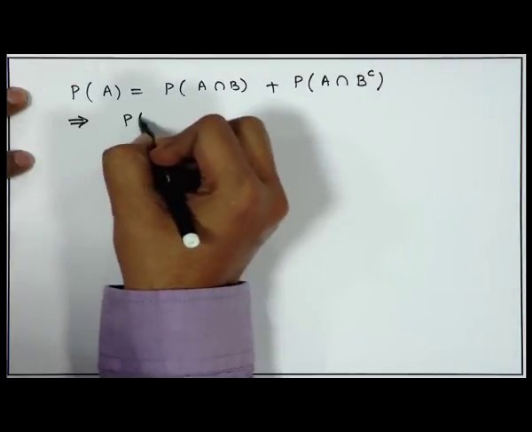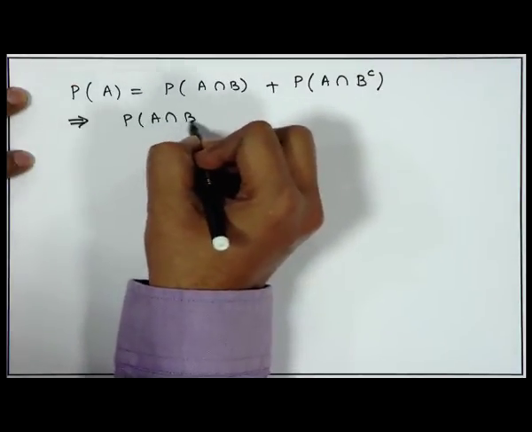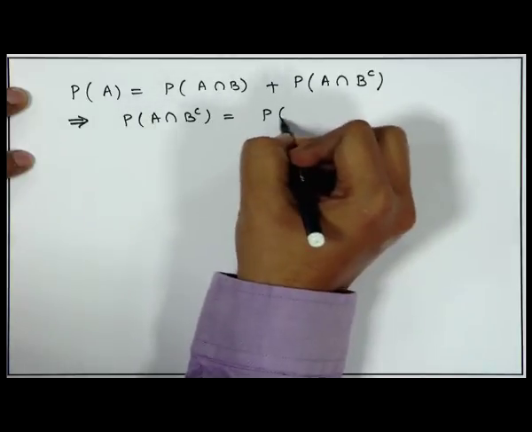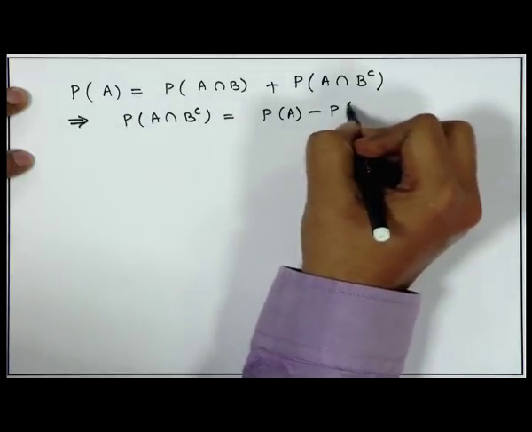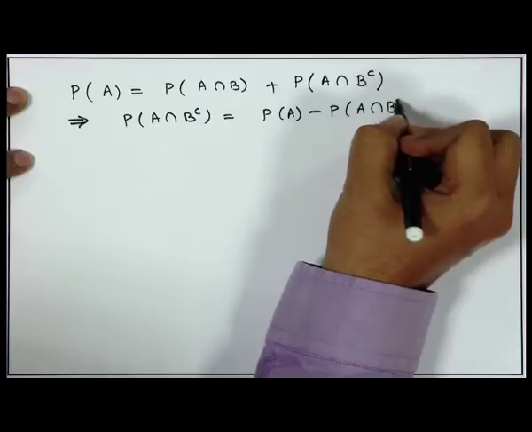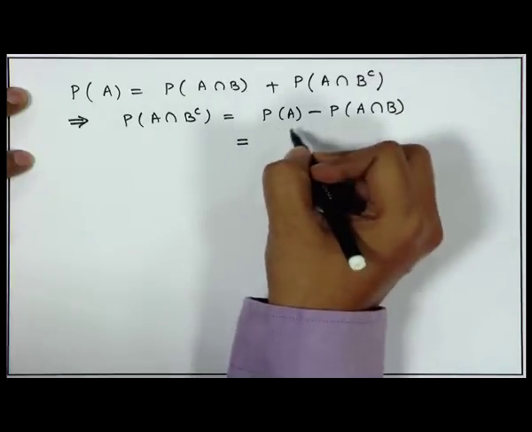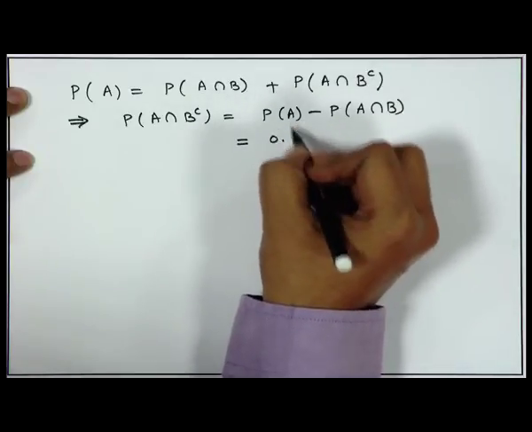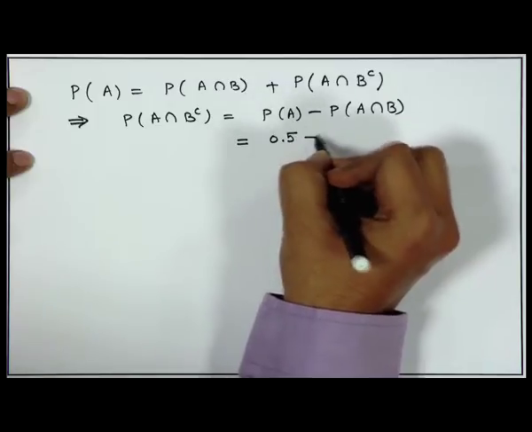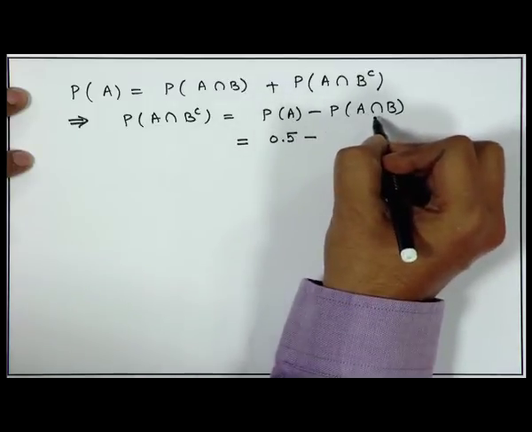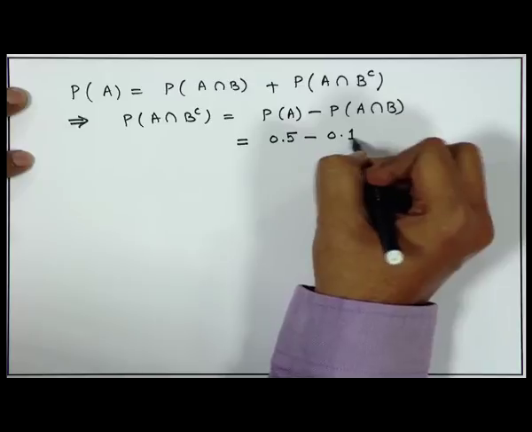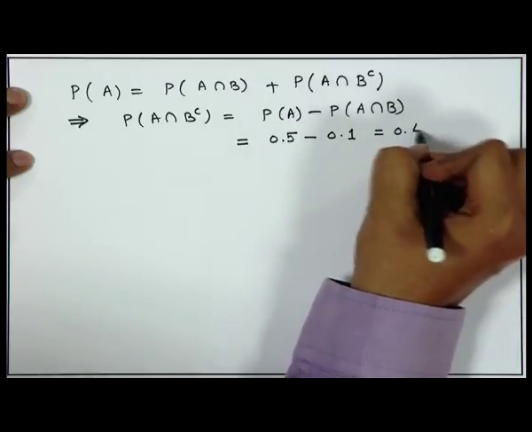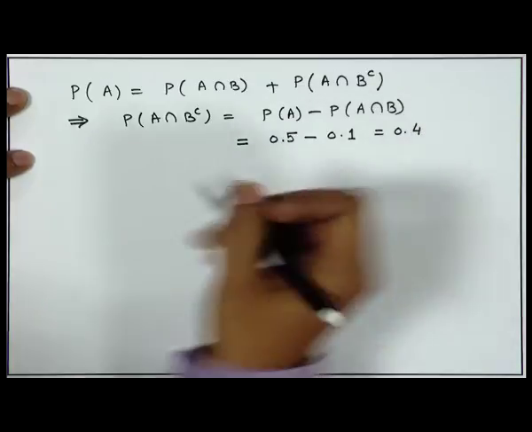That is, the probability of A intersection B complement is equal to probability of A minus probability of A intersection B. Now, in this one you can see 0.5 is the probability of A and the probability of A intersection B we calculated to be 0.1. So, this is equal to 0.4.